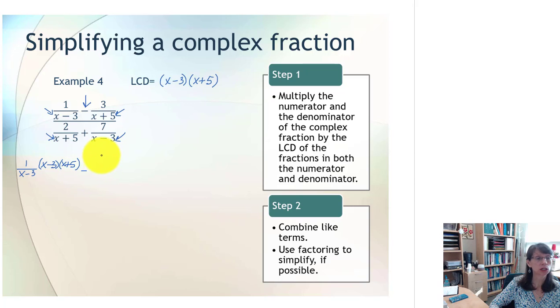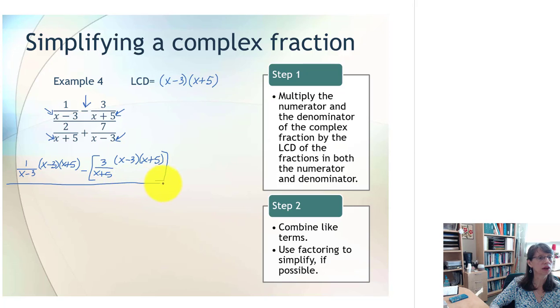Anytime I have subtraction, I'm thinking of including a bracket so I know to distribute that negative to any of the terms inside the bracket. So I start with my fraction, 3 over x plus 5, and I'm multiplying by the lowest common denominator. Close the bracket.